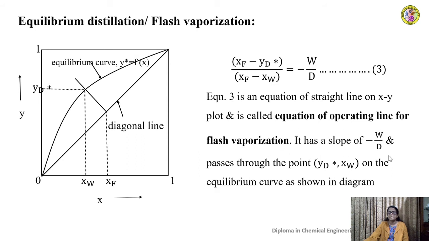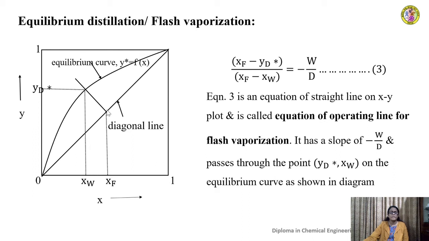It has a slope of minus W by D and passes through the point YD star, XW on the equilibrium curve as shown in the diagram. So this is the equilibrium distribution diagram for a binary mixture. X values are taken on the X axis and Y star values on the Y axis. You all know how to construct the diagonal line and the equilibrium line having the equilibrium relationship of Y star versus X. After construction, we can locate a point on the diagonal line that corresponds to the XF value.